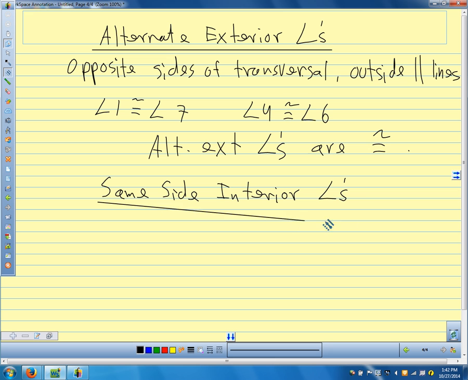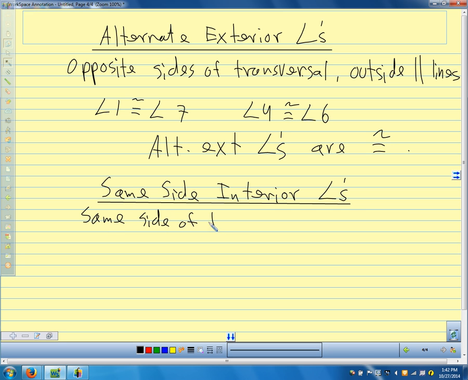So same side tells us we're on the same side of the transversal. And interior tells us we are on the inside or between the parallel lines. So which angles would be same side interior?